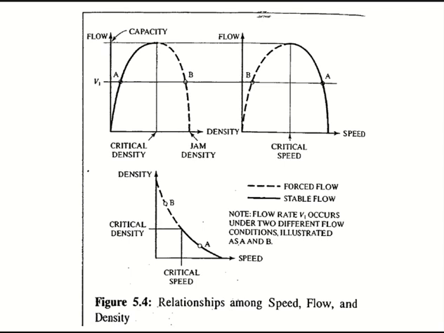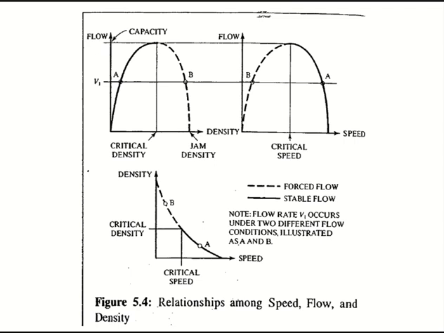We have critical speed and critical density as well. So critical density, now you see this is critical density. When I have critical density on the x-axis, I have what on the y-axis? Capacity. So critical density is the value of density when we reach capacity on the flow. When flow reaches capacity, density at that point is critical density.